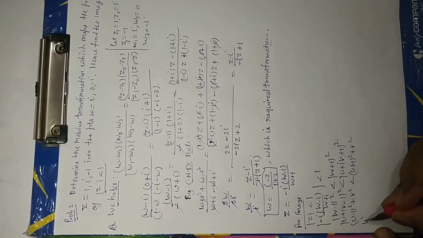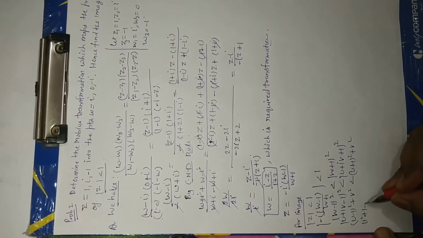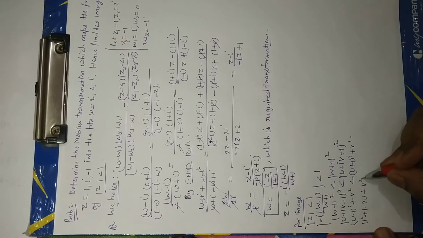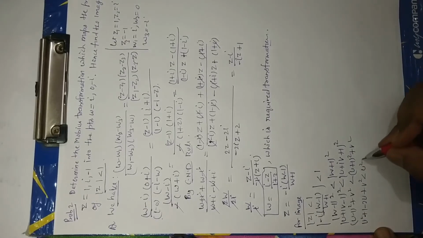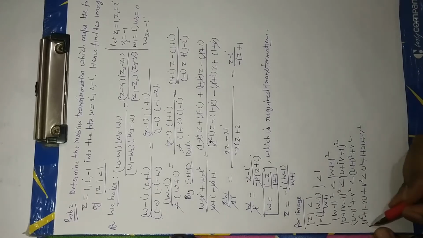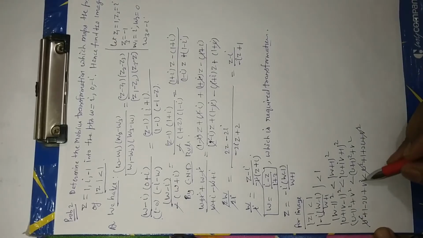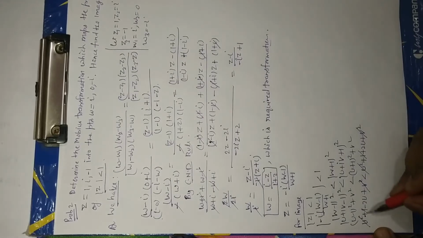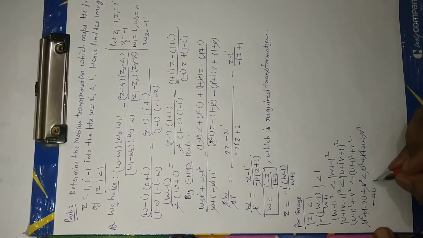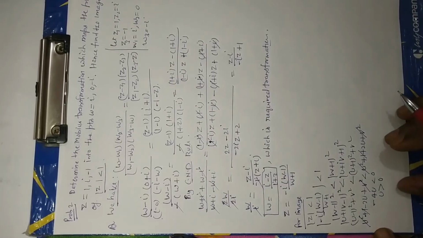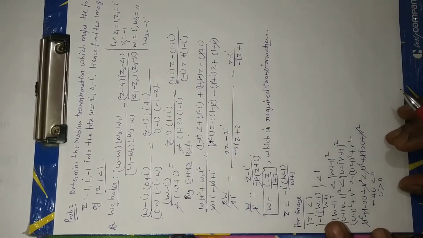Now u squared plus 1 minus 2u plus v squared less than u squared plus 1 plus 2u plus v squared. Now u squared and v squared both cancel, 1 cancels by 1. Now 4u greater than 0, that is u greater than 0.